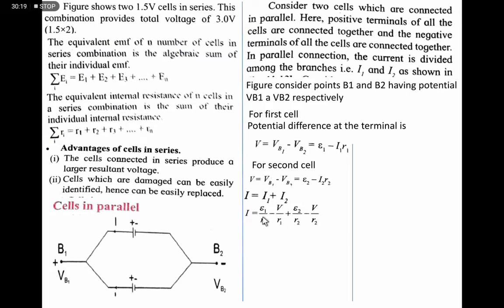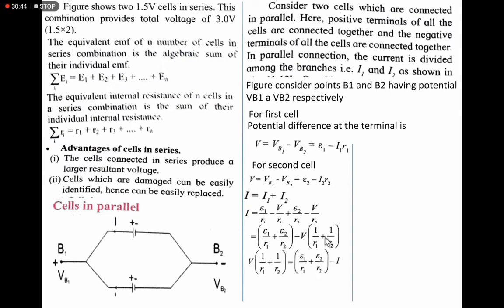Then the positive terms will be together and the negative terms will be together. We'll get the equation E1 by R1 plus E2 by R2 minus V, which is common from these two terms, minus V by R1 minus V by R2, and the negative sign is common, so it is 1 by R1 plus 1 by R2.